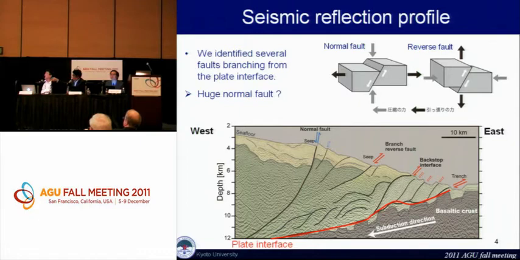Many earthquakes ruptured around this normal fault, and I don't know the period, but many times. This kind of large offset is generated here and even on the seafloor. So not only one time, many earthquakes generated it.